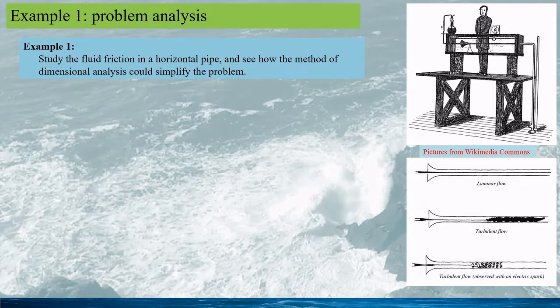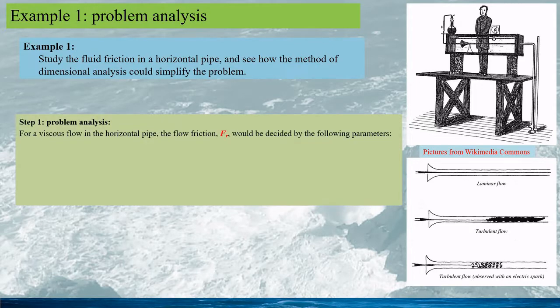It is the famous Hagen-Poiseuille flow. However, when the Reynolds number is increased higher than 2,300, the flow in the pipe would become turbulent, and for such a flow, an analytic solution is impossible.